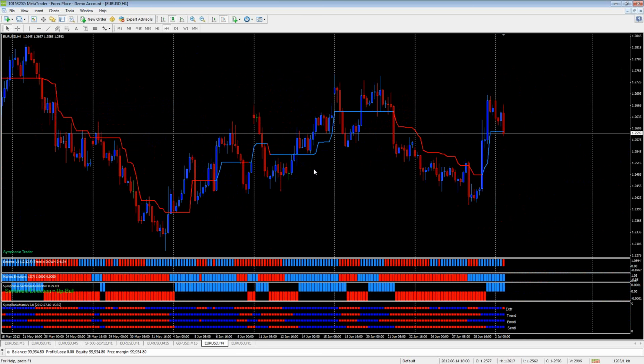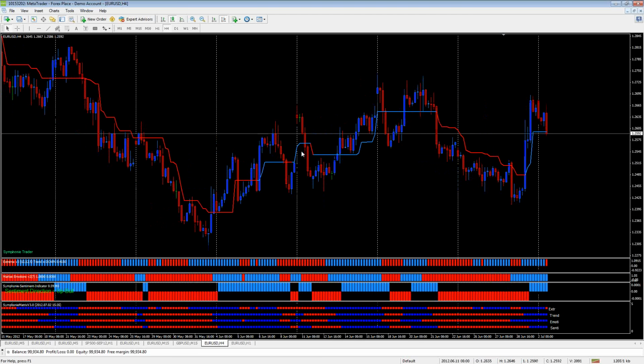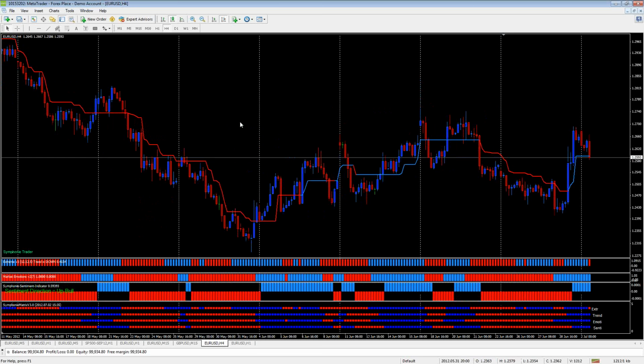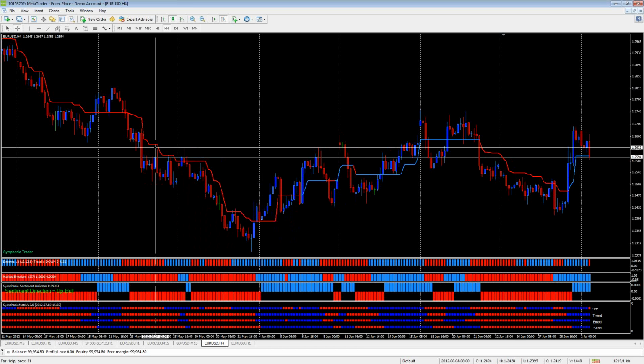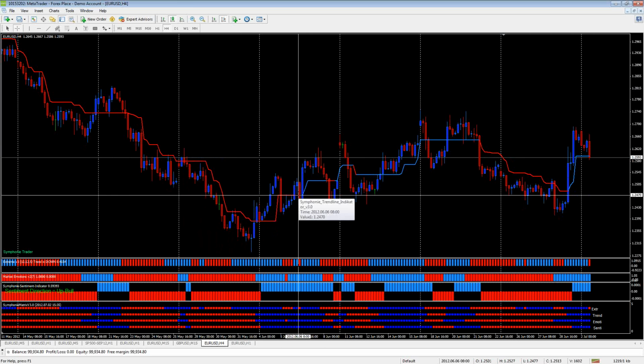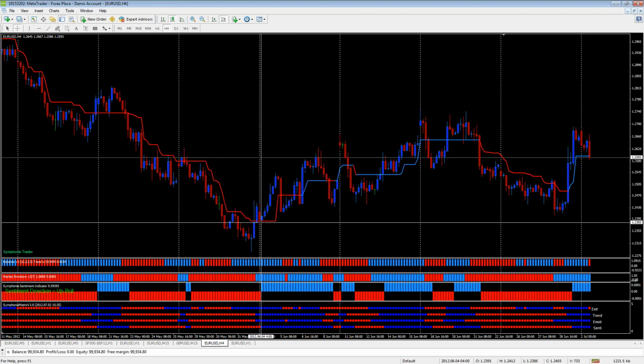Let's take a look at the longer time frames. The ones who are swing traders and take longer time frames to trade, for example the 4-hour chart, can see some really nice movements. Remember that the trend line changes very slowly.